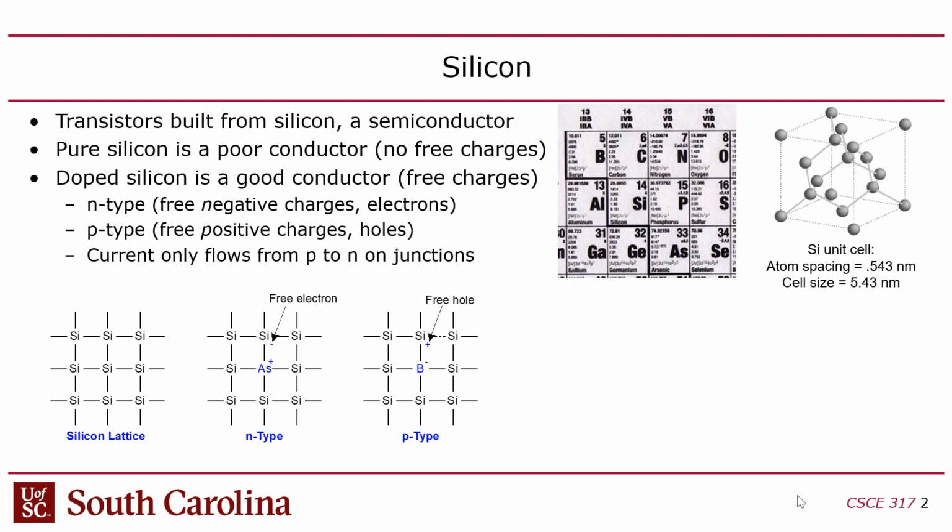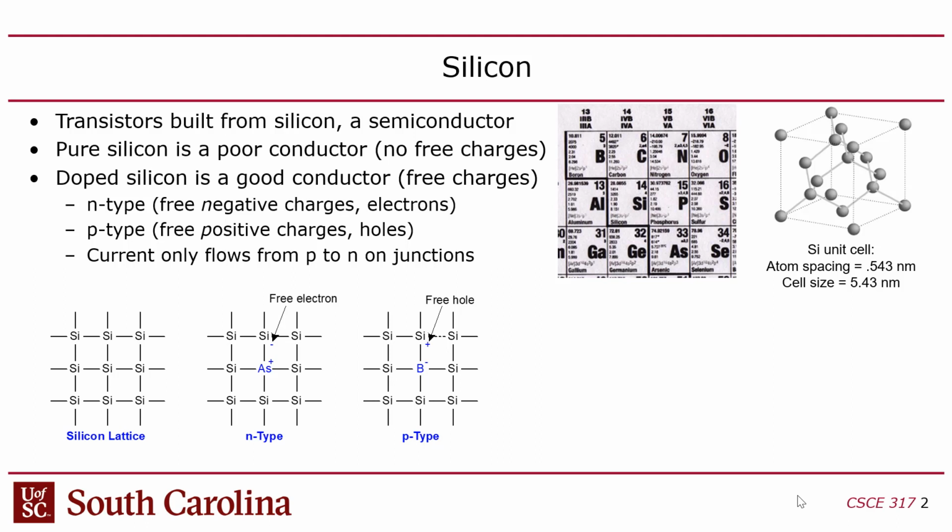You can use a dopant from column 3, like boron, which has only 3 electrons, or you can use one from column 5, like arsenic, which has 5 valence electrons. What happens is that when you replace some of these silicon atoms with this other element, it allows for charge carriers.